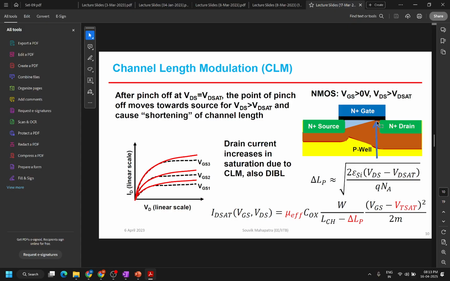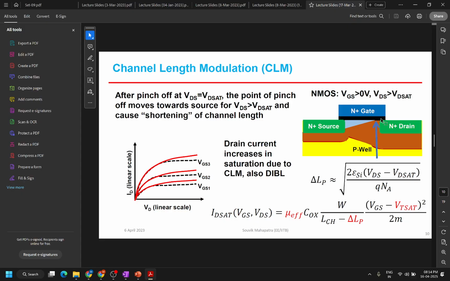So you see this pinch off region is there. As you are increasing your drain higher than your saturation voltage, it's creating an increased effect of pinch off. So that pinch off is increasing, so your channel length is now decreasing because of that. In long channel, this shortening of channel length was not that huge.